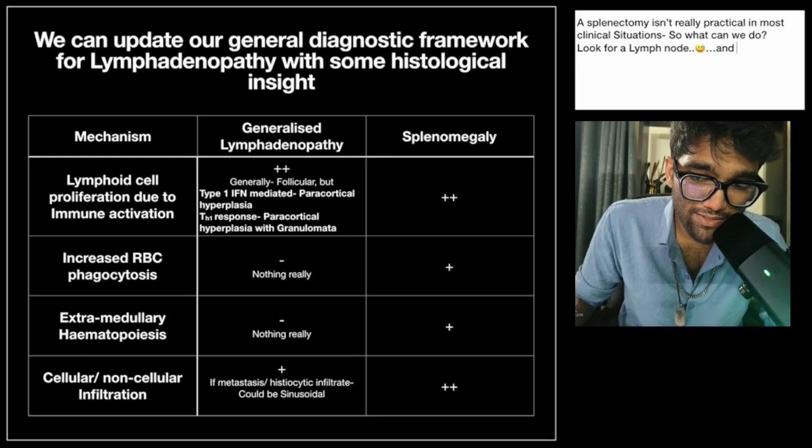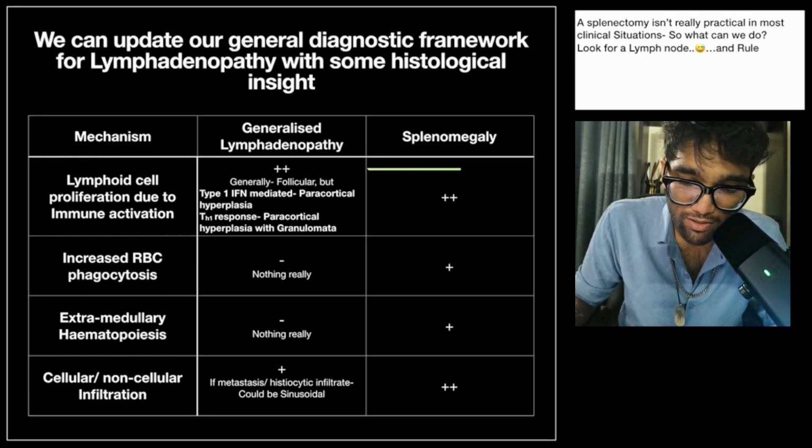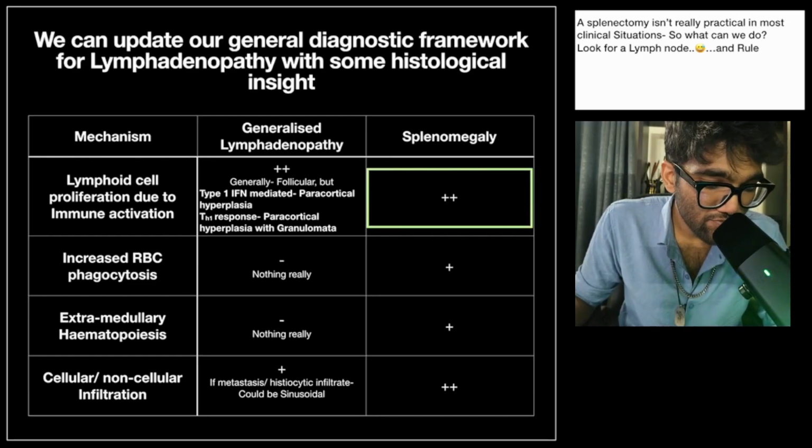One is look for a lymph node, because that is the easiest thing to try to take out. So conditions in which there is lymphoid cell hyperplasia due to immune activation, regardless of whether it is due to an infection or not, also have lymphadenopathy. It could have lymphadenopathy. You could sample that.